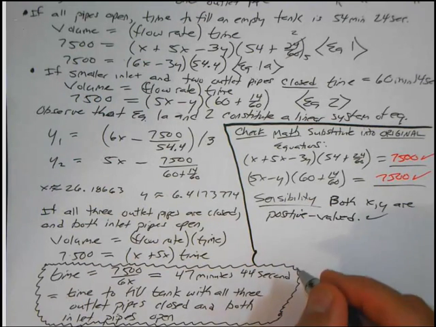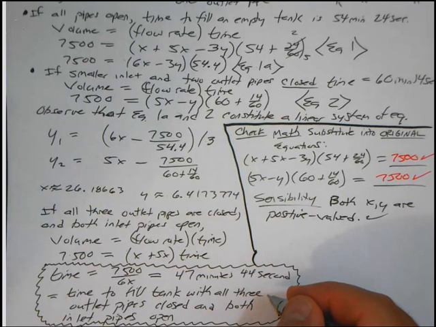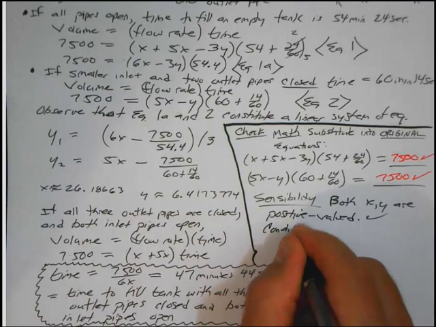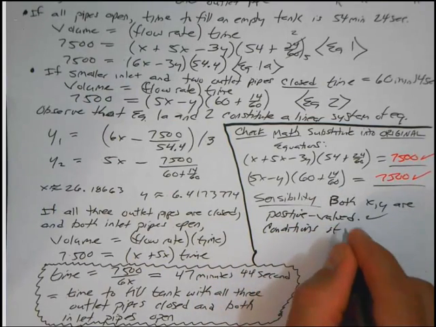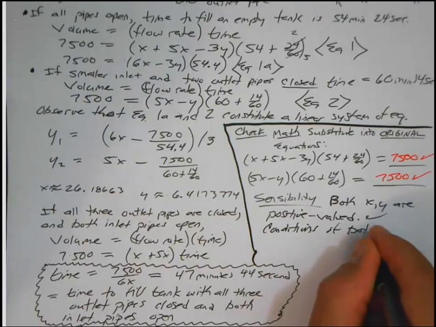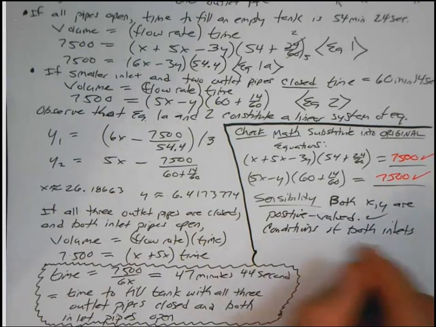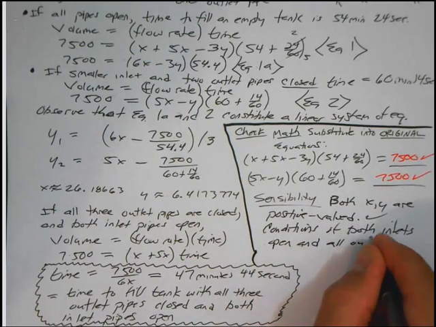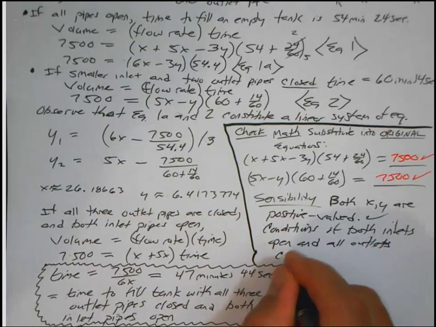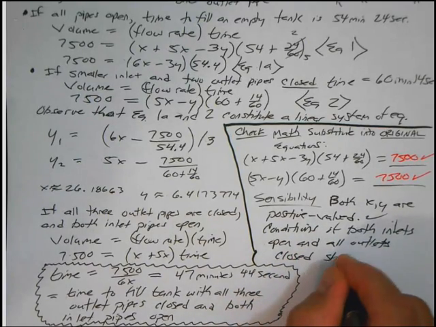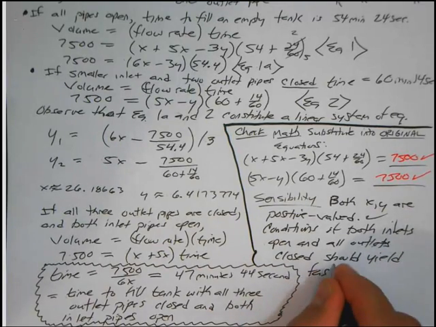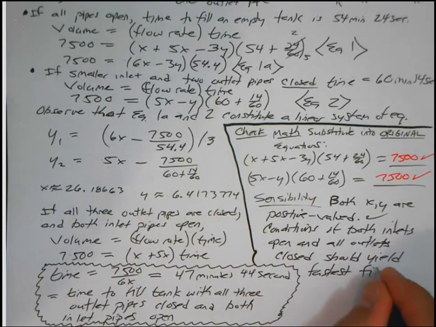What we expect here, since the tank is being filled at the fastest possible speed, is that the conditions of both inlets open and all outlets closed should yield the fastest fill time.